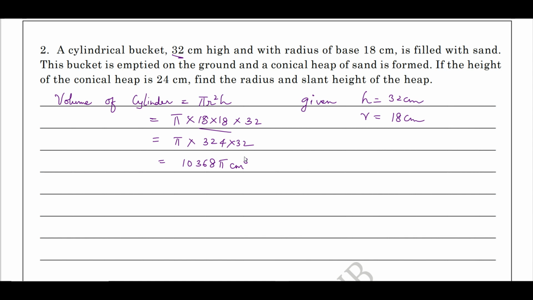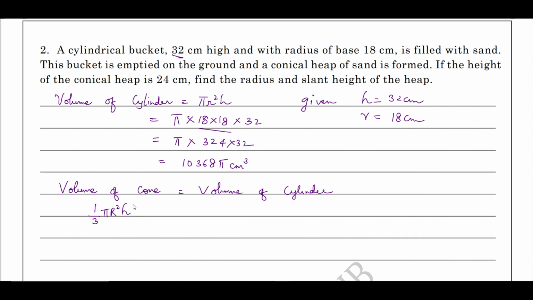Now the volume of sand formed, that is in the shape of a cone. Now volume of cone is equal to volume of cylinder. Volume of cone is what? 1 by 3 pi R square h.